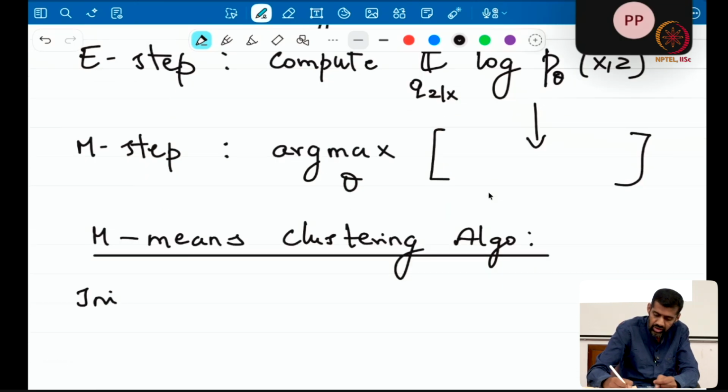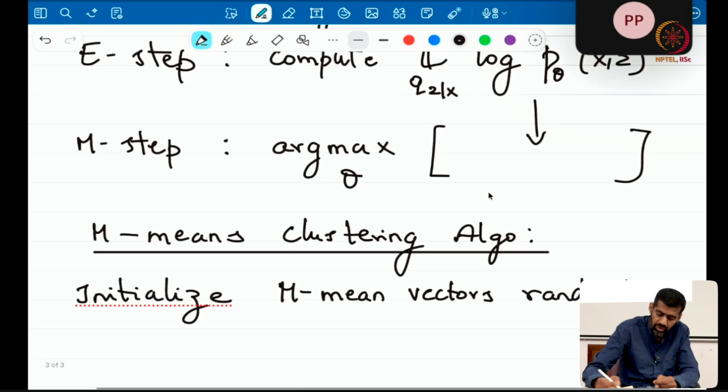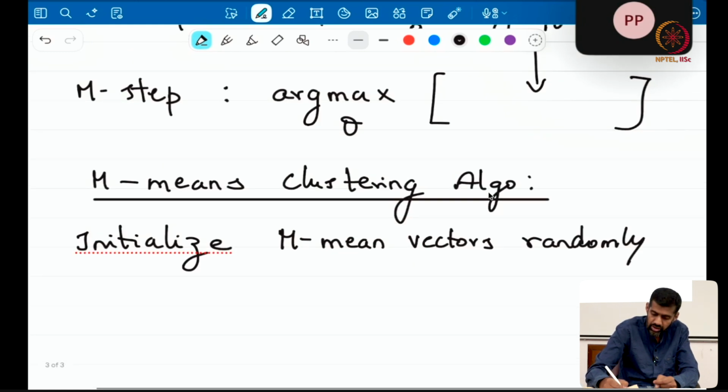Initialize M mean vectors randomly. Okay. So, while convergence do.